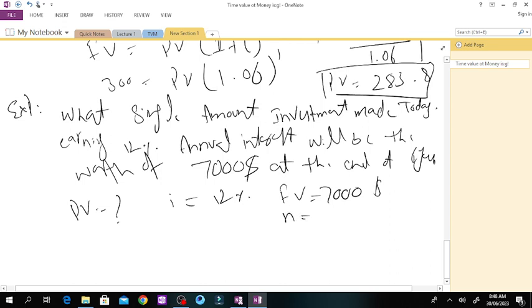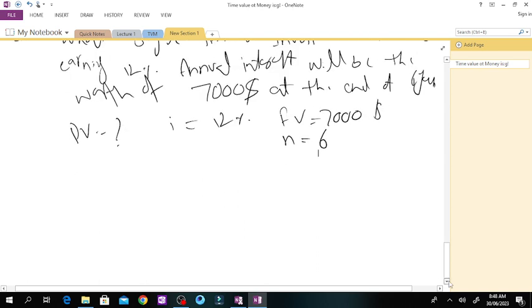So number of years you have 6. Okay, this is information, although you just have to write the formula. The key is just to understand the statement in order to solve the questions.